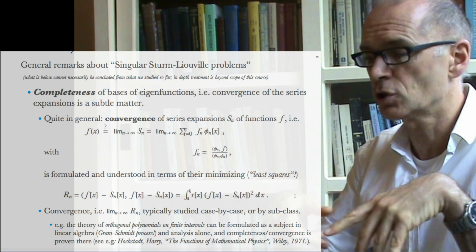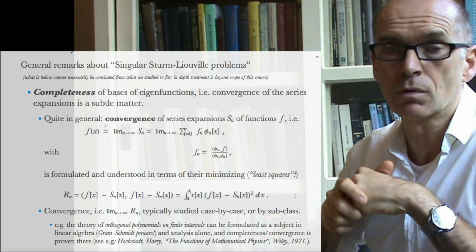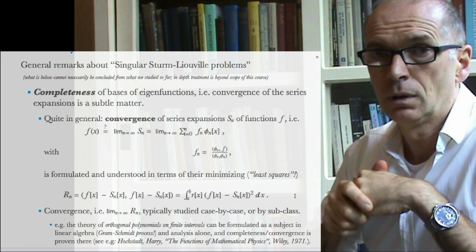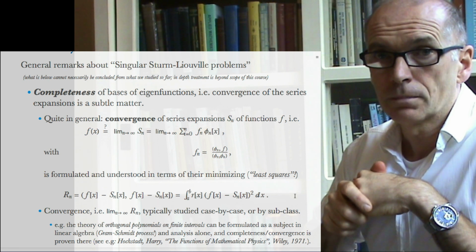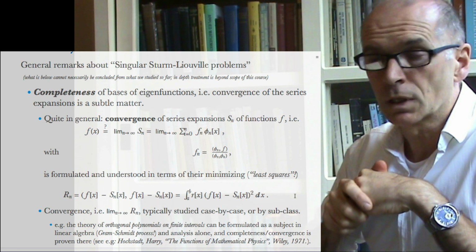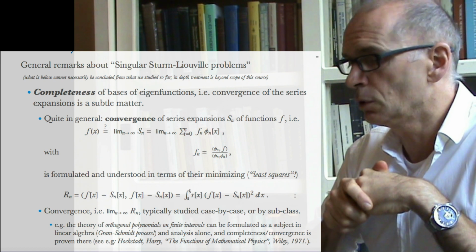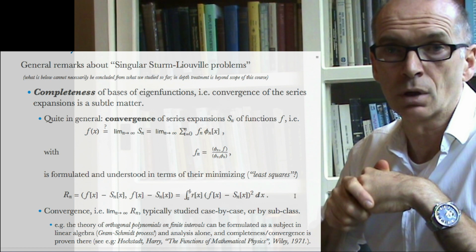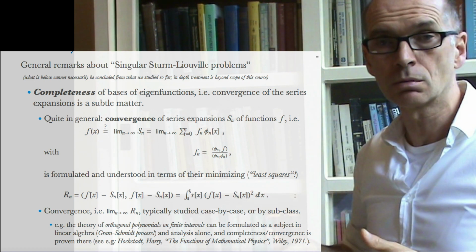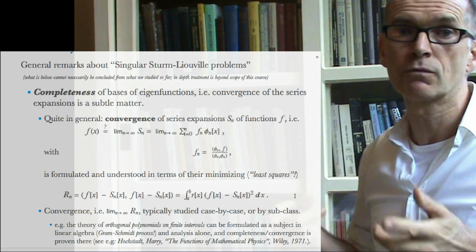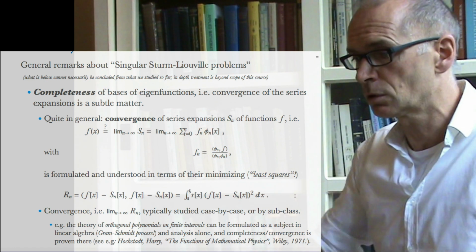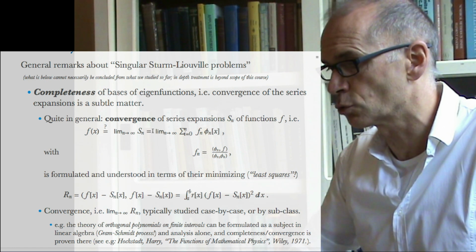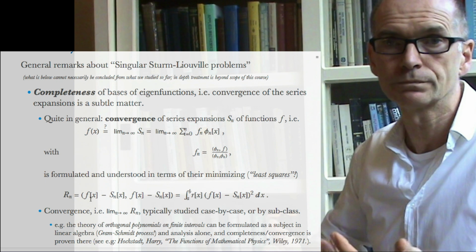So they converge in this sense of a square norm, and the limit for n to infinity of that error is 0. So you have convergence, the limit goes to 0, and the measure that you have to measure the difference between the target function and your partial sums is this.